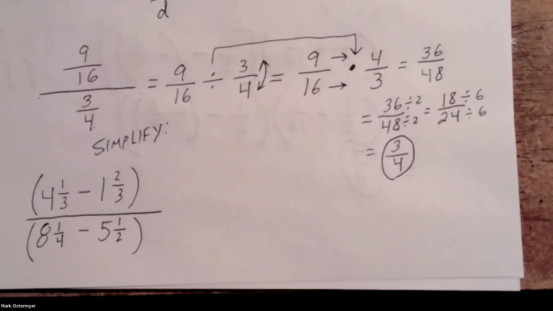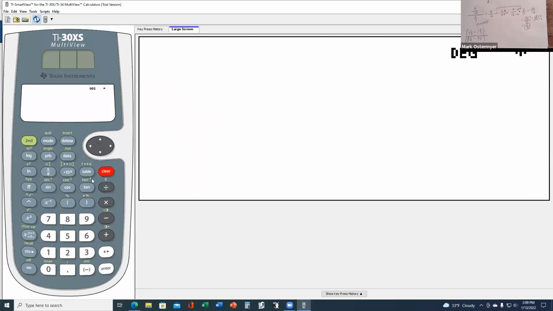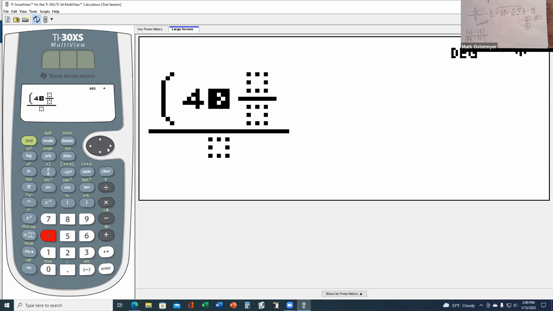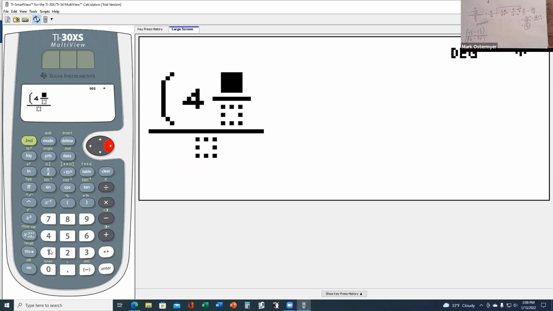All right, we ready? Clear your screen. Hit your fraction button. Open parenthesis. 4 1/3. I have to go get my mixed number template. So second fraction key brings up mixed number template. 4 1/3. And then we'll subtract off 1 2/3.